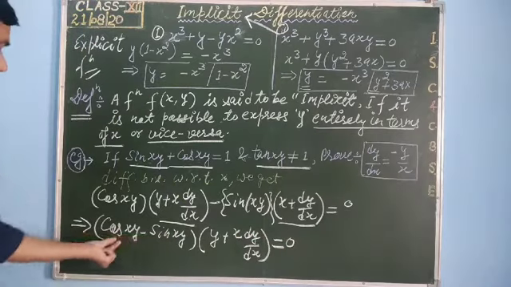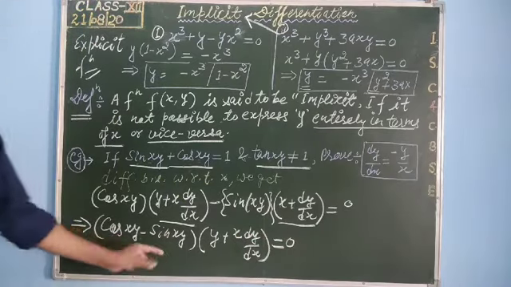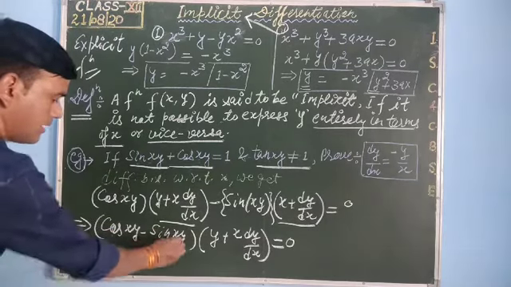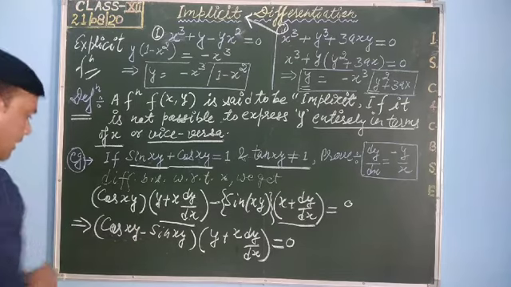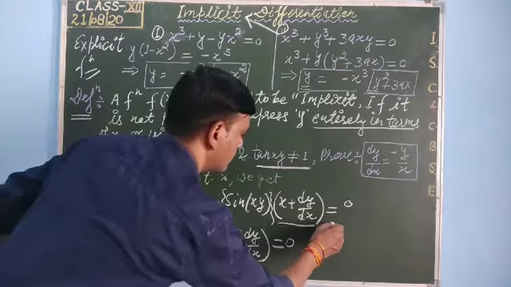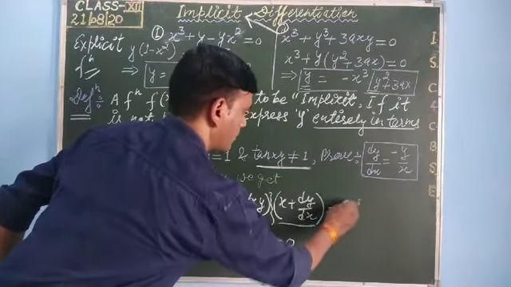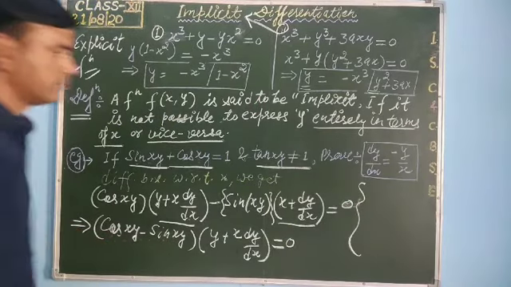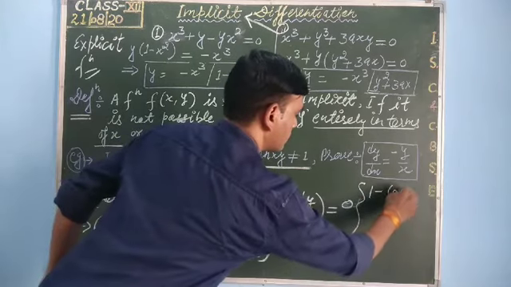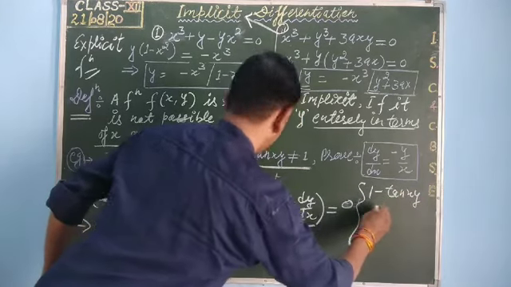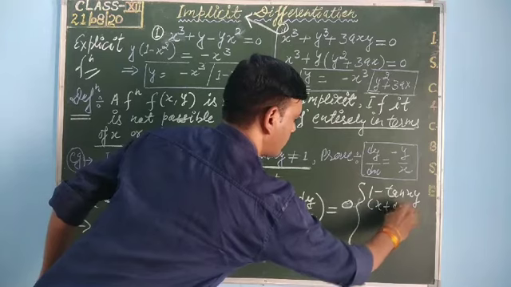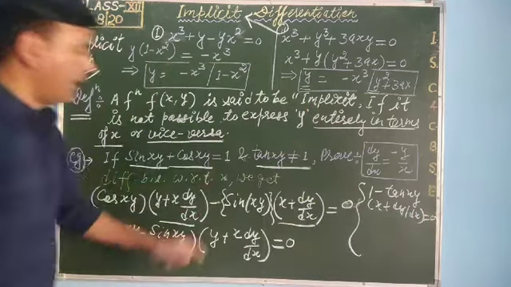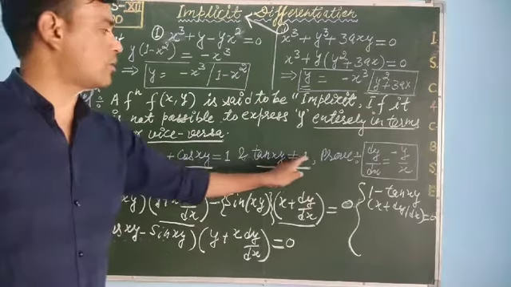So here we will get 1 minus tan xy, into y plus x dy upon dx is equal to 0, and we have already been given that tan xy is not equal to 1.